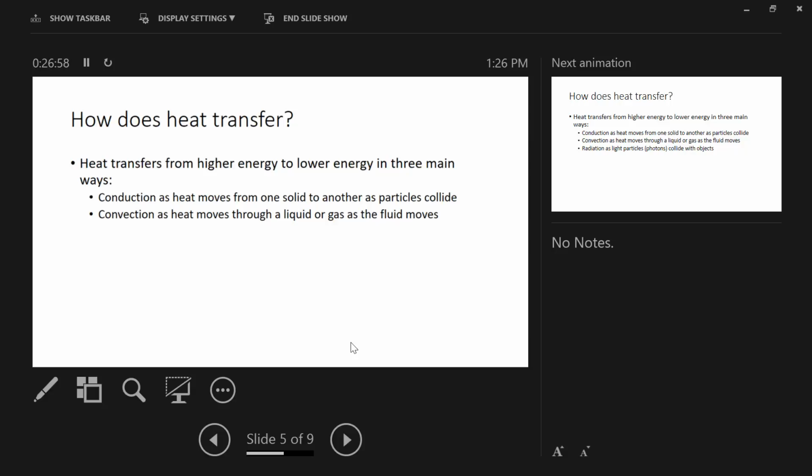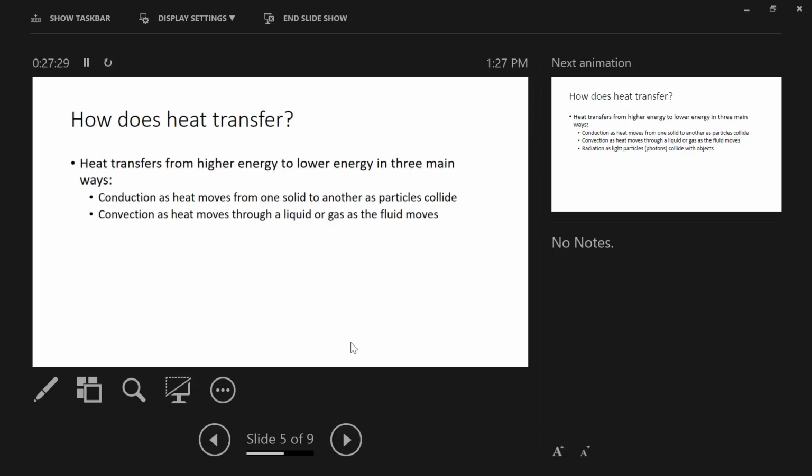And so if they're moving faster, they're going to get further apart. It becomes less dense and it actually rises. So you ever heard that heat rises? It's actually more properly said that a warm fluid rises. And so a fluid that is warmer, has more energy, is going to be less dense, and that's what's going to rise. Okay? And so convection is heat transfer either into a fluid or from a fluid into another object.